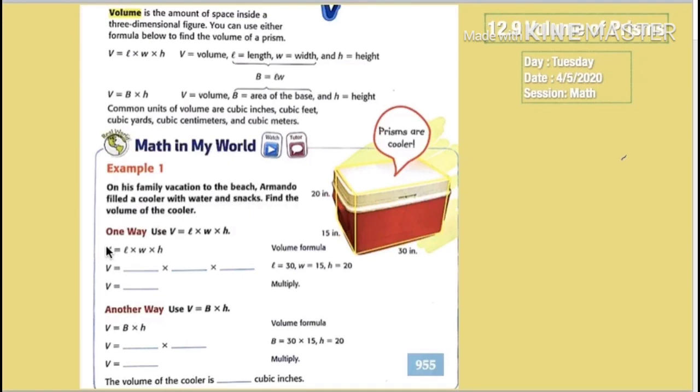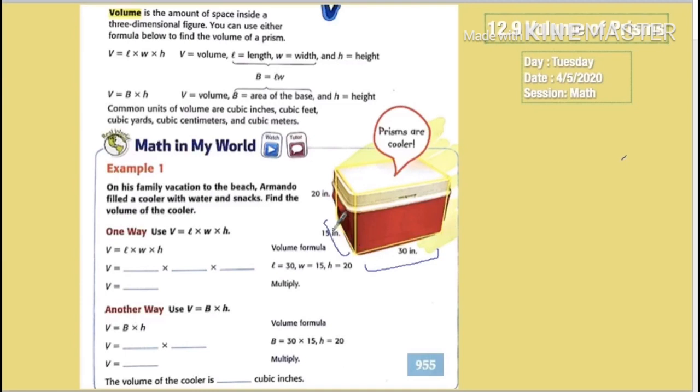So this is just showing the two different formulas that were mentioned earlier in order to solve a problem. The first way is using the formula volume equals length times width times height. If you forgot, this would be your length, which is 30 inches. The length always will be your horizontal line in two-dimensional shapes.